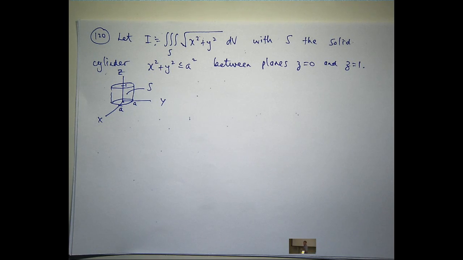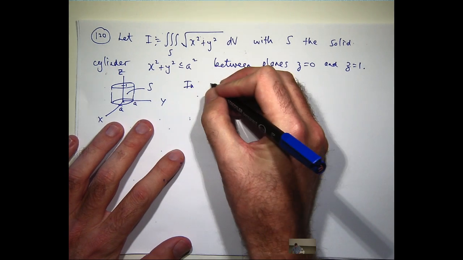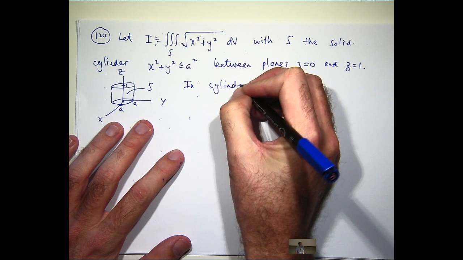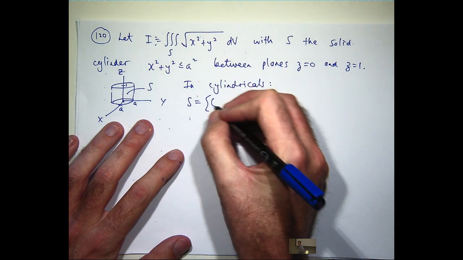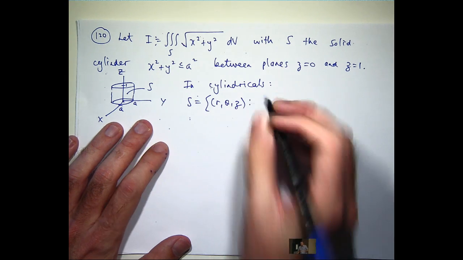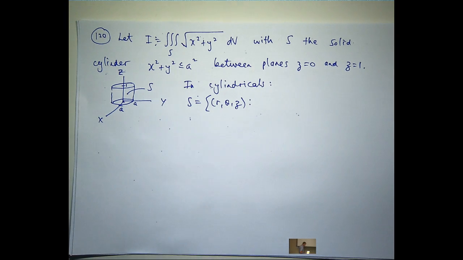So the variables for cylindricals are r, theta, and z. We just add one extra variable, z, to measure height.